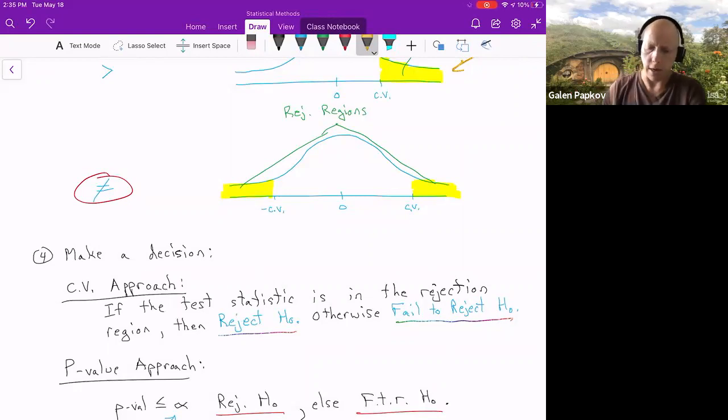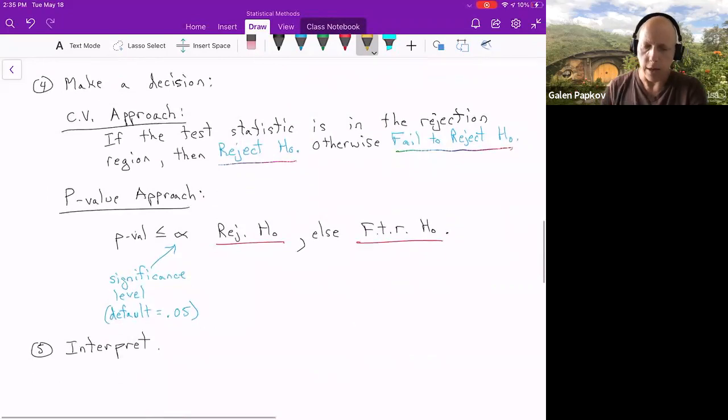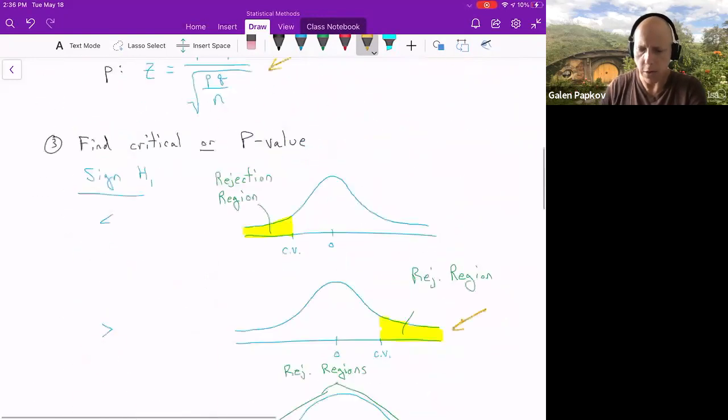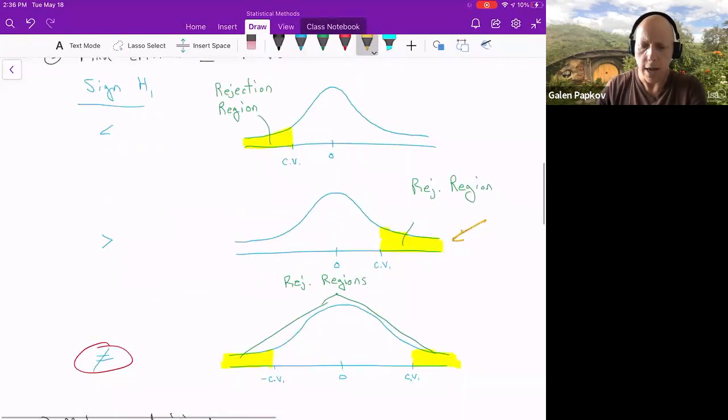And the way that you do that is if your test statistic is inside the rejection region, then you're going to obey the name of that region and you will reject the null hypothesis. So in other words, if we were doing a left-tailed test, like in this top figure, and let's say our test value or test statistic was here, since that's inside the rejection region, we would end up rejecting.